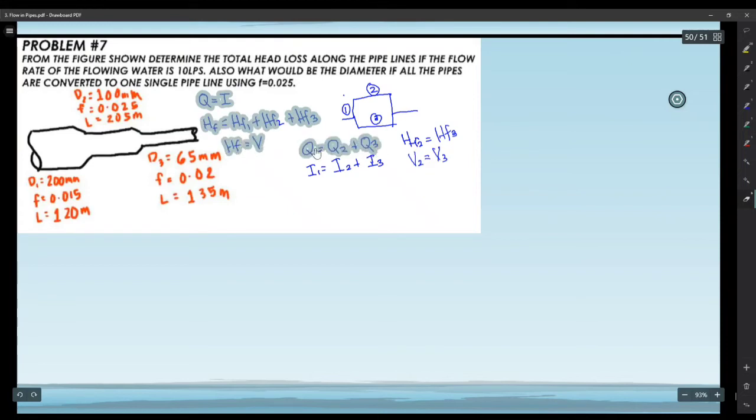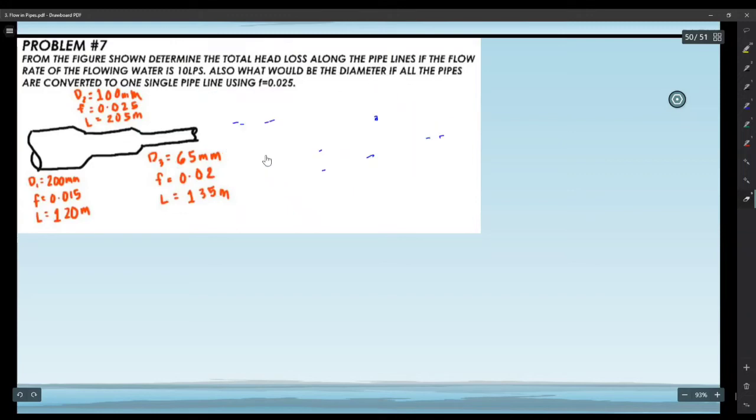So, before that, let's read the problem again. Let me erase this. So, on the figure shown below, we should determine the total head loss along the pipeline. The flow rate of the flowing water is 10 liters per second. So, our flow rate, or Q, is equivalent to 10 liters per second.